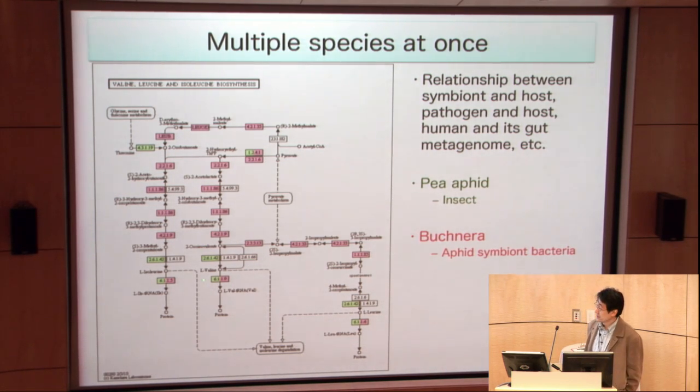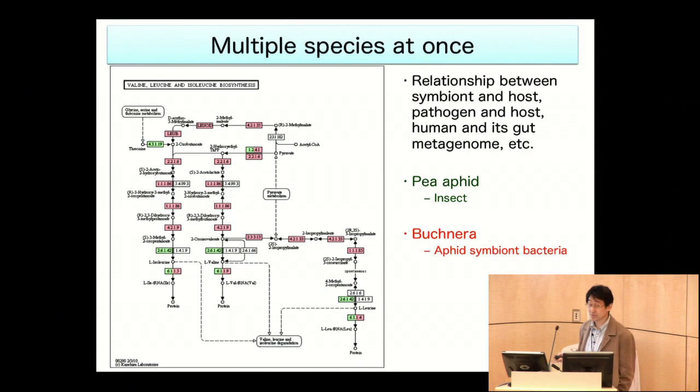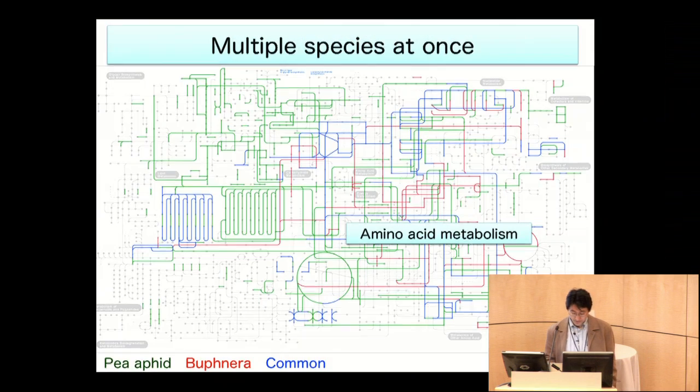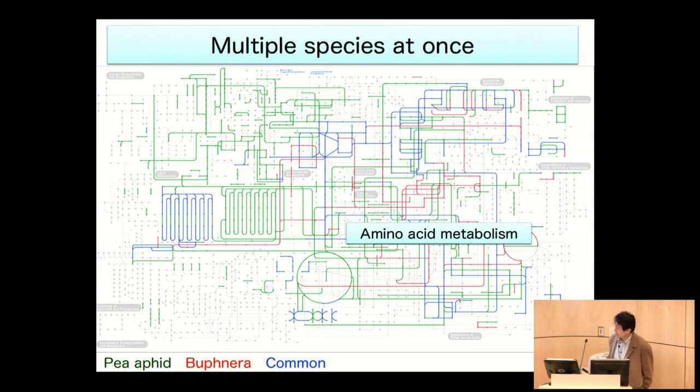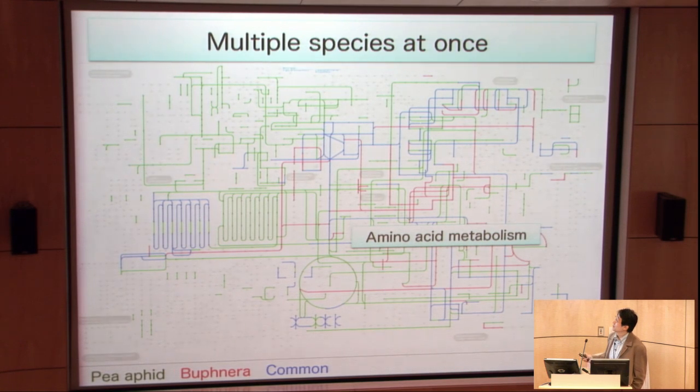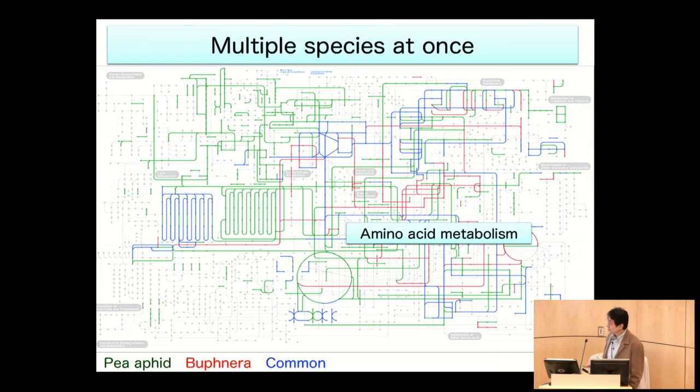And the very last part here is enzymes which produce proteins from the amino acids. So both species have those enzymes. And you can see again the whole view of this multiple species pathways.